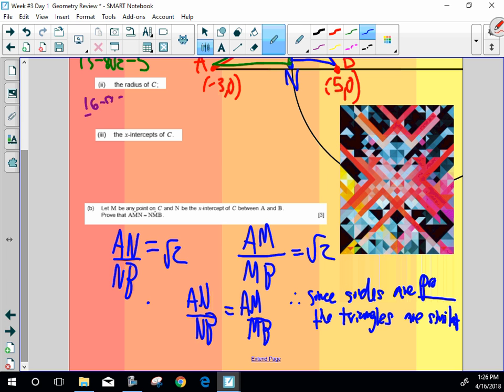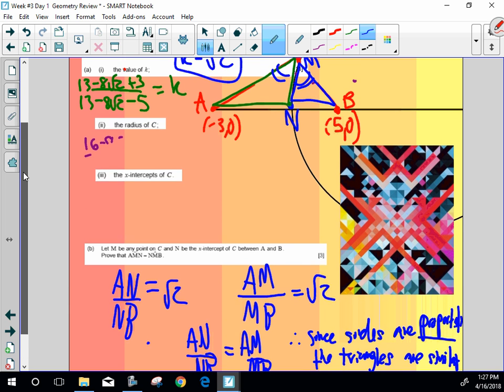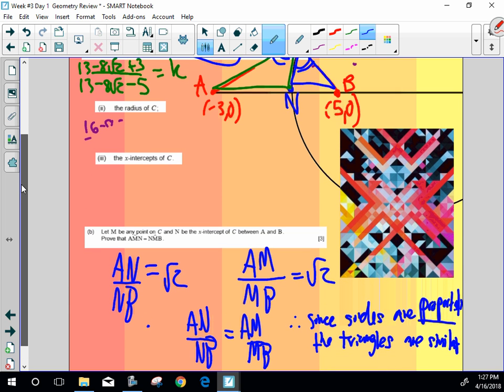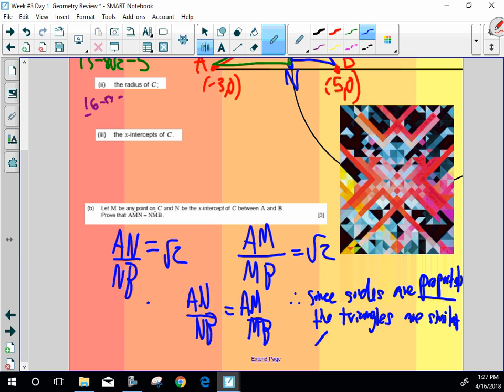Proportional. And then I would say triangle AMN is similar to triangle BMN. I want to make sure I write these, NMB. Perfect.